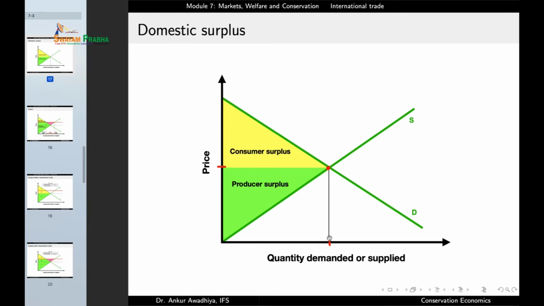And we have observed before that this triangle, which is between the demand curve and the price, gives us the consumer surplus, and this triangle, which is between the supply curve and the price, gives us the producer surplus. So this is the situation before the international trade. So we have the consumer surplus, we have producer surplus, and this total is giving us the total surplus of the country before the international trade.